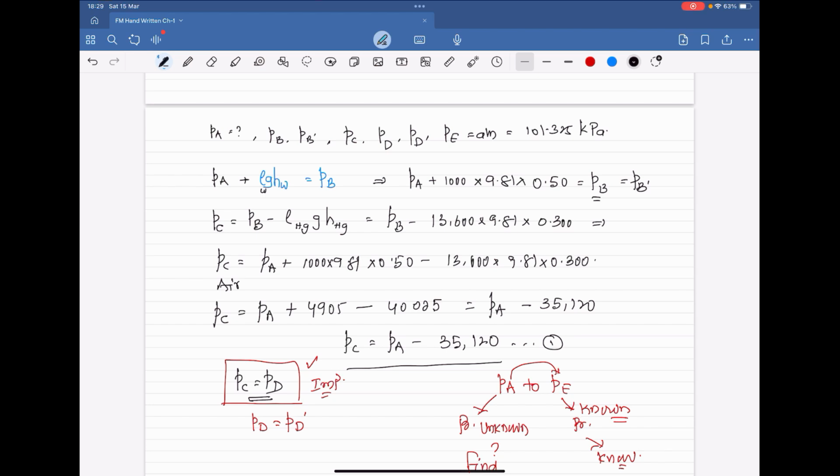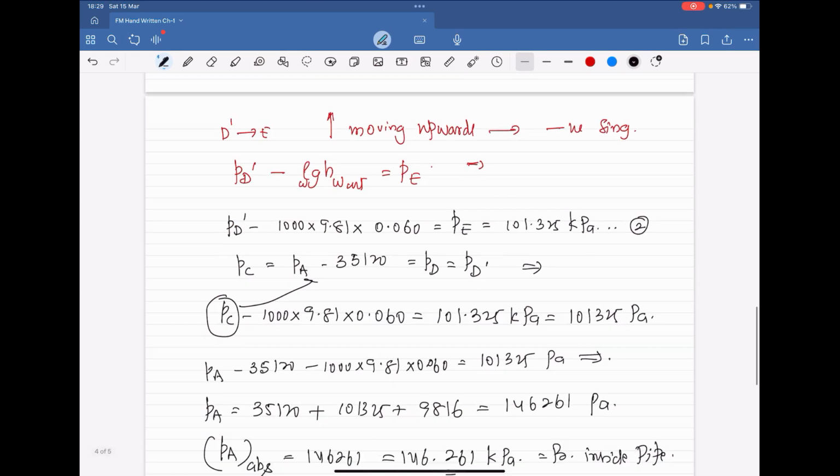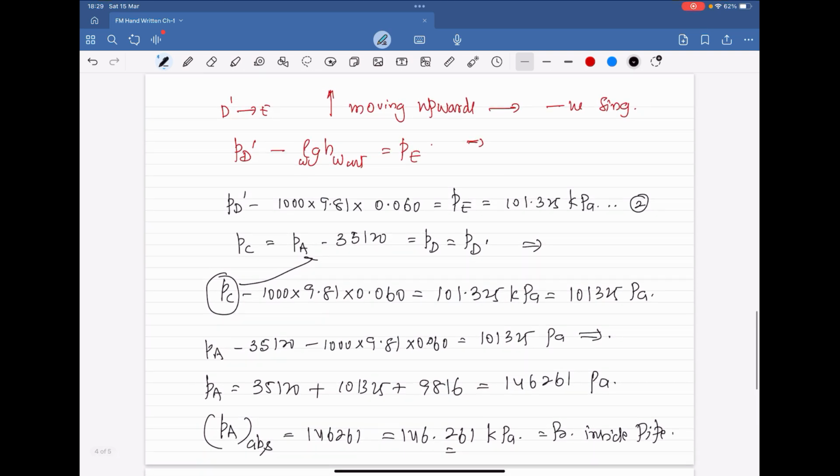Then we move to D and D dash to E. Again, the fluid column pressure is subtracted. The net value is 146.261 kPa. The answer is not much important.